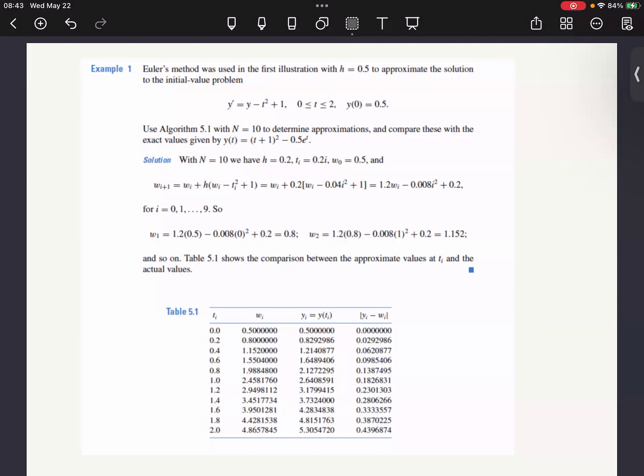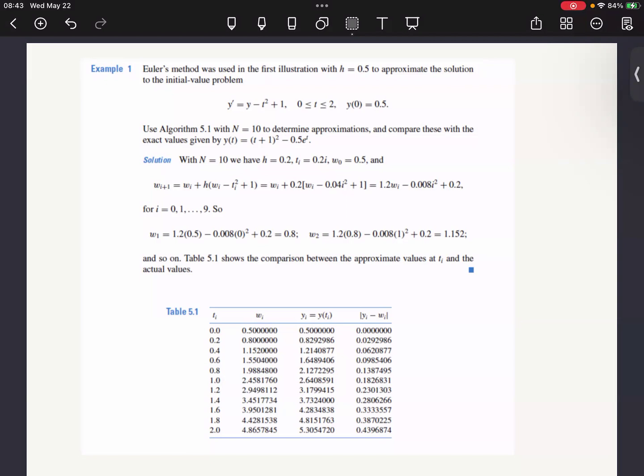You update the whole thing with this formula, and then you use the computer and the Euler's method algorithm to compute all the values here. This is the w_0, w_1, w_2, w_4, and this is w_10.